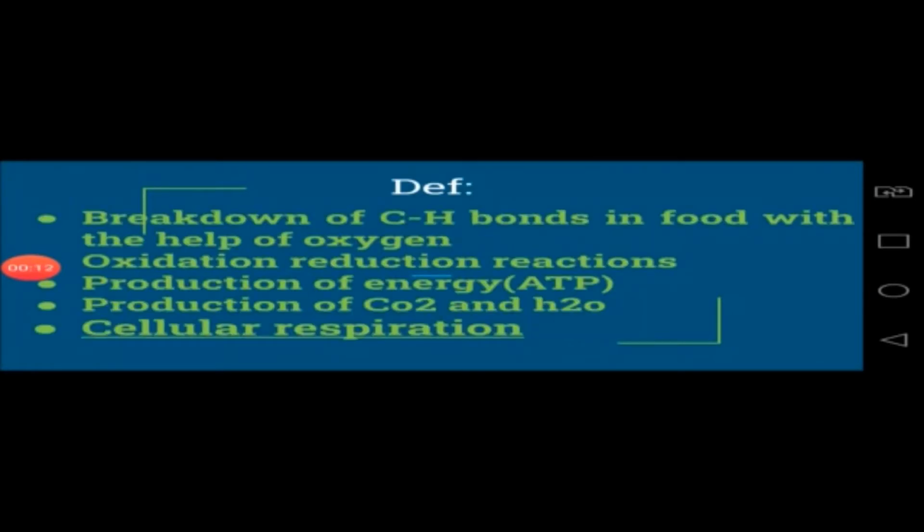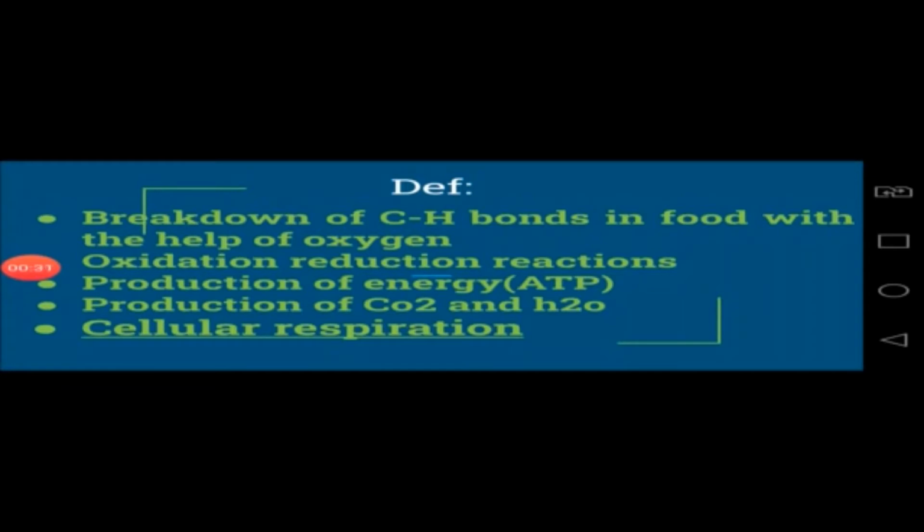Firstly, we will look into the definition of respiration. That is, it is a process in which the carbon and hydrogen bonds present in the food are broken down with the help of oxygen, and as a result ATP or energy is produced.